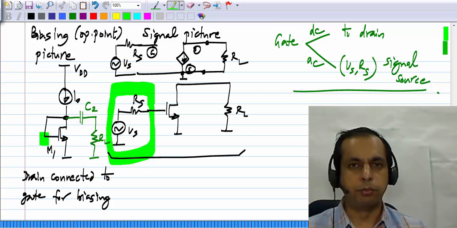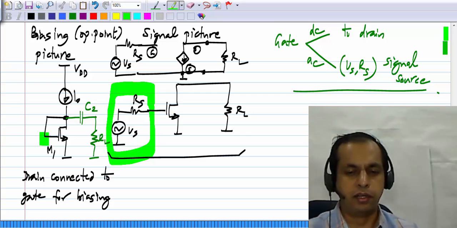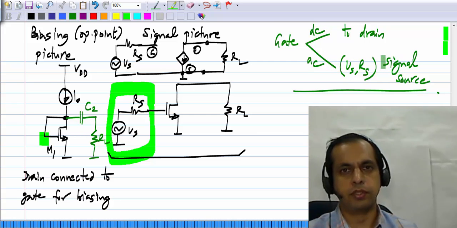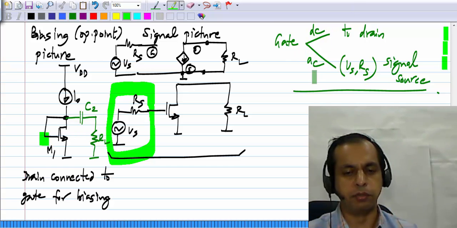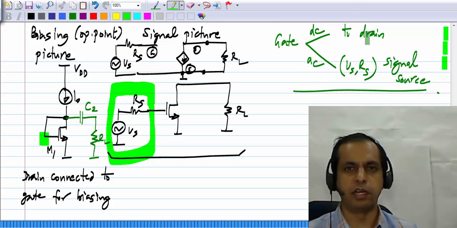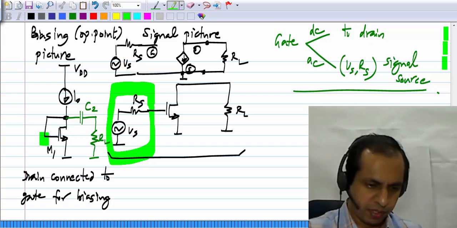This is again something that we know. We know how to add a certain DC to a certain AC signal source. That is, we want a terminal to be connected to terminal A for DC and terminal B for AC. This is exactly what we did earlier also, right?